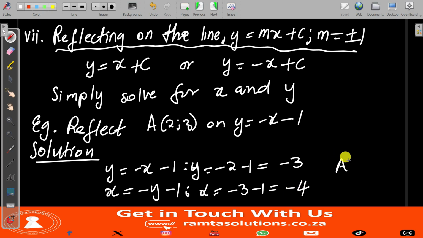Therefore, we can say A prime is, what is the value of x? Negative 4. And what is the value of y? It's negative 3. This is you reflecting on the line y equals mx plus c. It's done in this way. If the gradient is positive 1 or negative 1, simply solve for x and y.